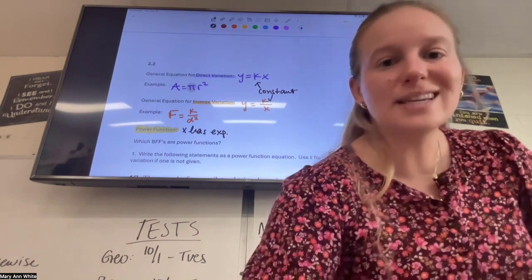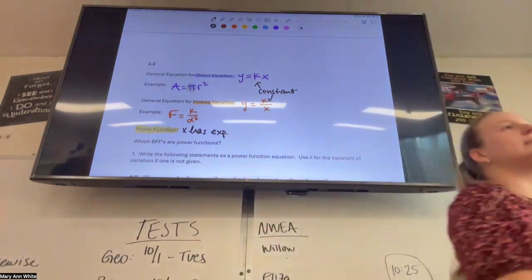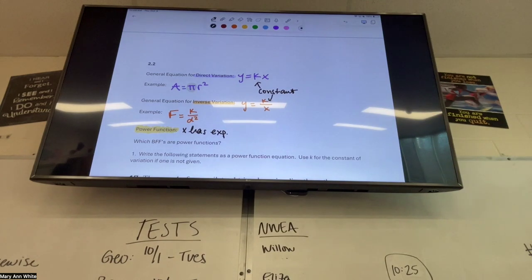Oh, I wrote it y equals kx raised to the a. So k is still my constant, but then a is any exponent. This is going to be a little bit testing of you guys. That's any number. If I can write it as x to a power, then we're going to use that.